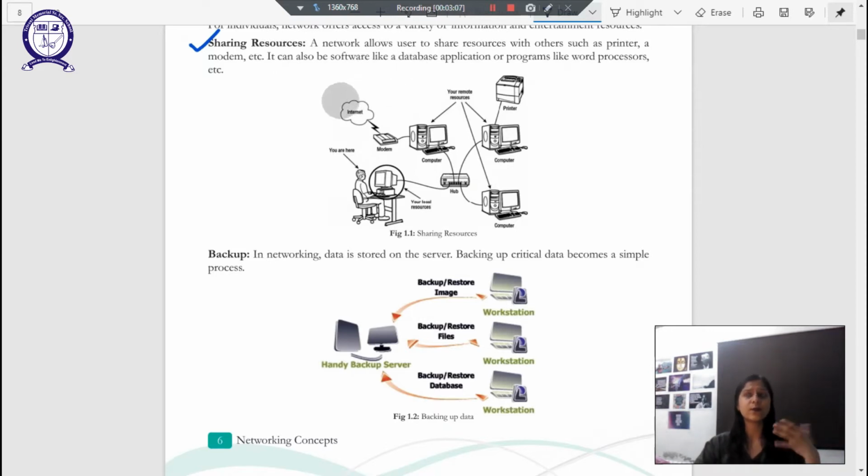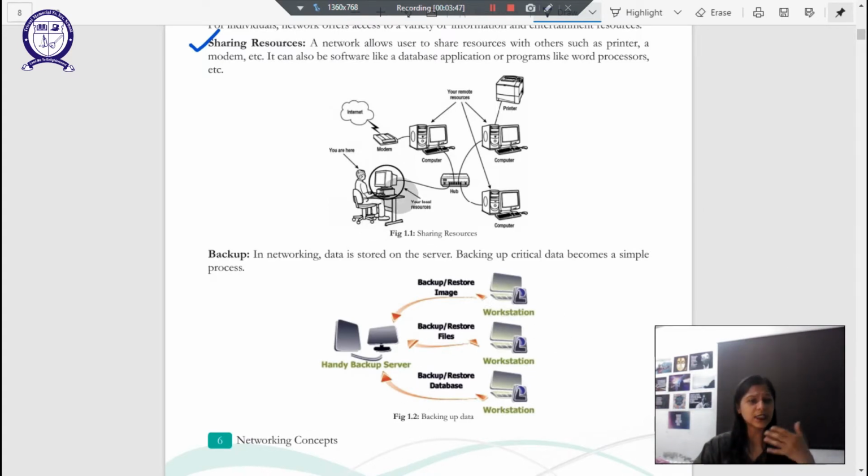For example, in big companies, let's say a company has 10 employees. They will provide one system to each employee, so 10 systems, but they will have one server. The server will connect each of these systems to itself, and it will also connect a printer which can be shared amongst all the 10 systems, and each employee can print their files and just collect their printouts from the local printer, which is being shared by all their colleagues, right?